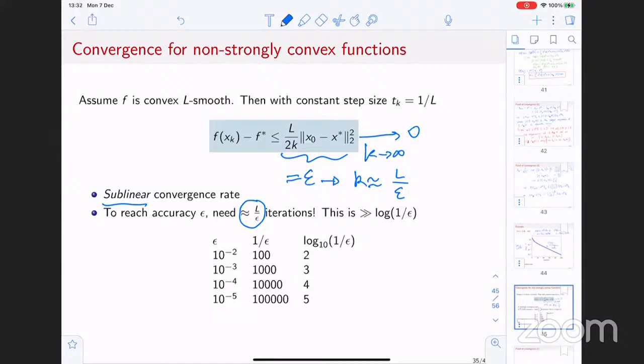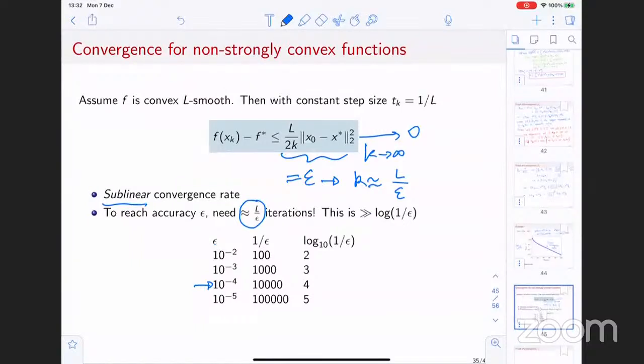I've put some values to make this concrete. Let's say you want to reach an accuracy of 10 to the minus 4. This is telling you that if your function is not strongly convex, you'll have to do on the order of 10,000 iterations, whereas with linear convergence you just have to do a handful of iterations. Log 1 over epsilon in this case is just 4.